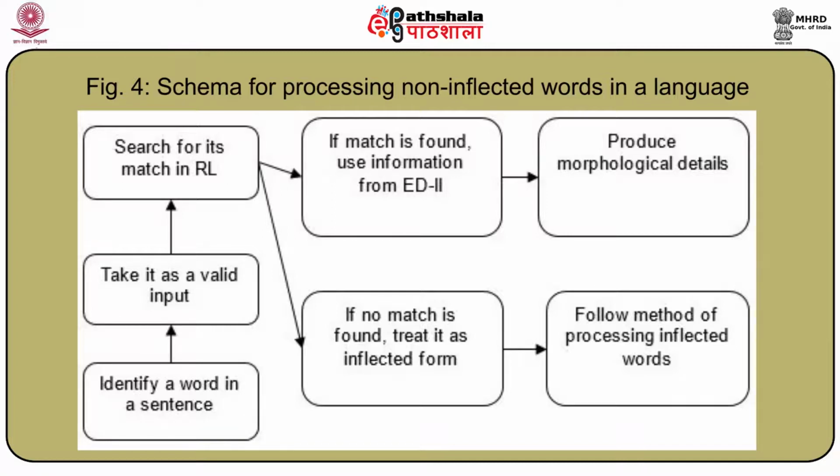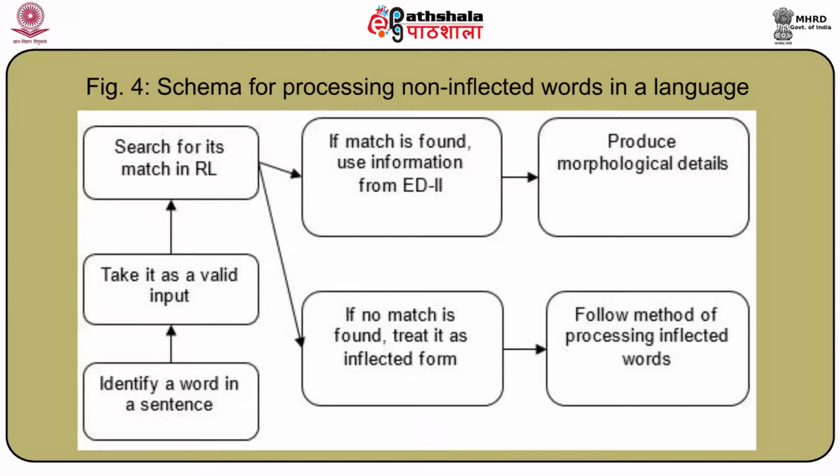If a match is found using the electronic dictionary's root lexicon, it produces the morphological details, because we have already noted that the string it identifies can be an inflected or a non-inflected one. If it is a non-inflected one, its work is more simplified, because it immediately searches the whole string in the root list, the base list based on different parts of speech, and it finds a complete match.